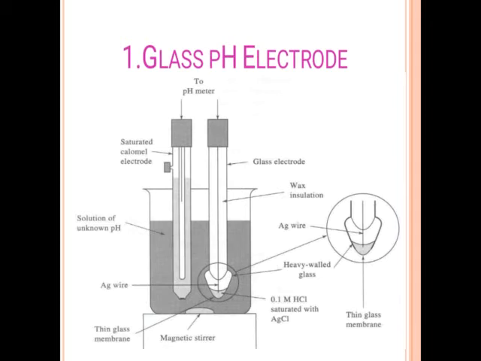It consists of a saturated calomel electrode and, on the other side, a glass electrode. These two are attached to the pH meter or the potentiometer. There is a thin glass membrane. It consists of an Ag wire.